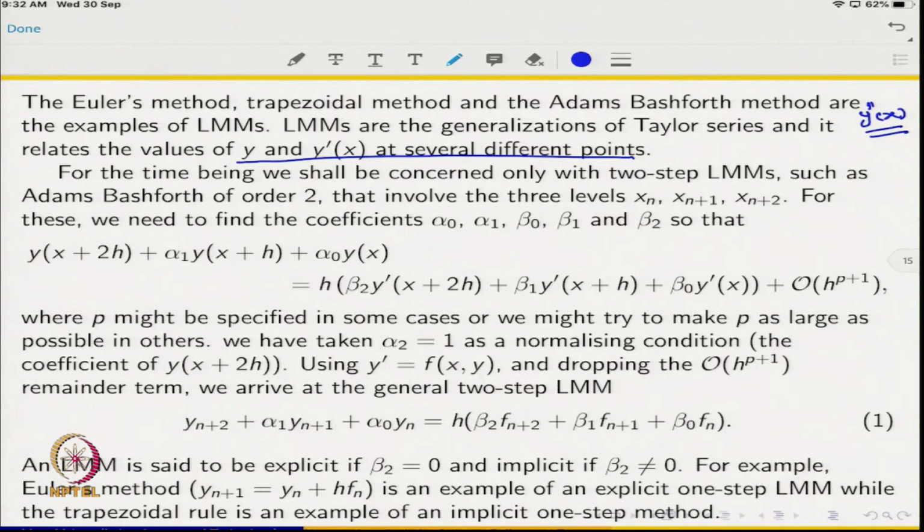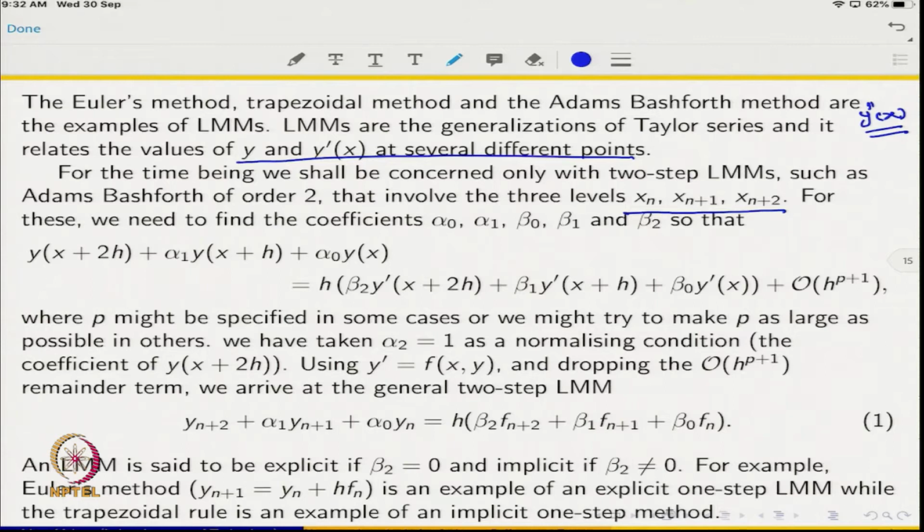Of course, what I am explaining here can be generalized to more than two steps, but right now our concern is just to derive the two step linear multi-step method in general, like the Adams-Bashforth method of order 2, which we have already seen. That involves the 3 levels xn, xn plus 1, xn plus 2.